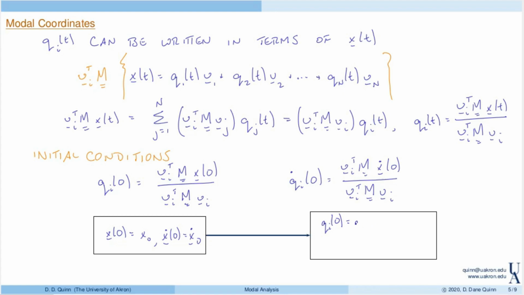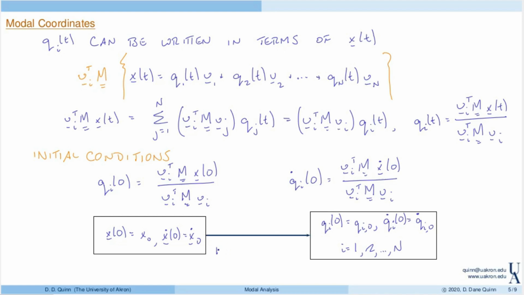So we'll represent the initial displacement of, say, mode i as the right-hand side here. That'll be qi of 0, and we can do the same to find the initial modal velocity, qi dot of 0. Of course, we would do this for each mode, i equals 1 to n.